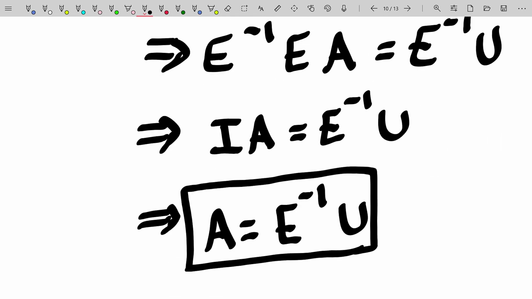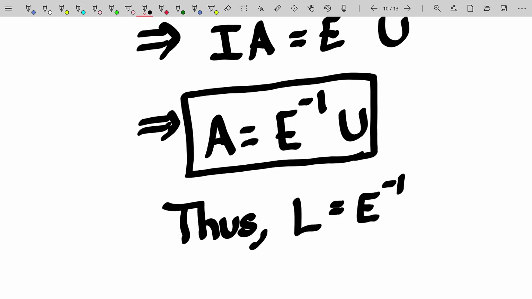And if I want to arrive at A equals L times U, then I bet you figured out what L is. L is the inverse of all of those row operations, basically the inverse of the product of all of those elementary matrices.